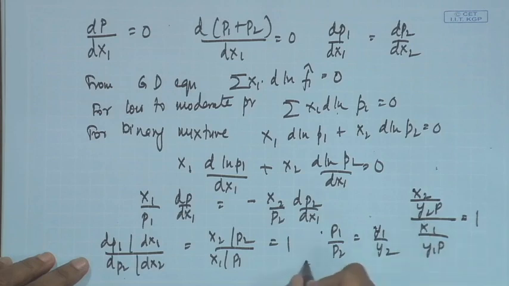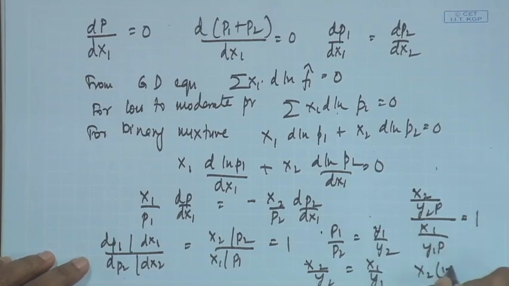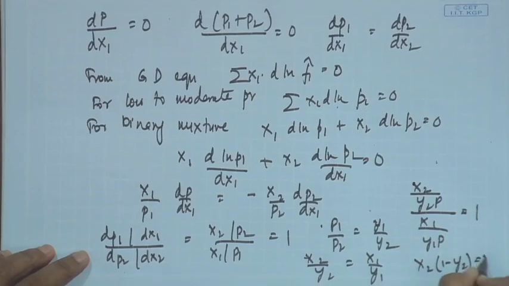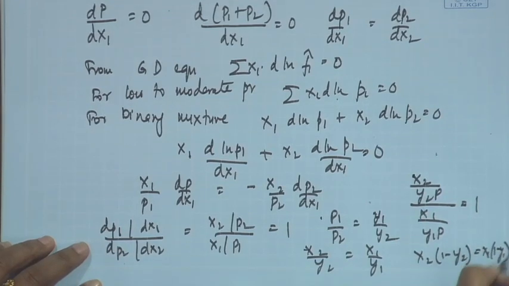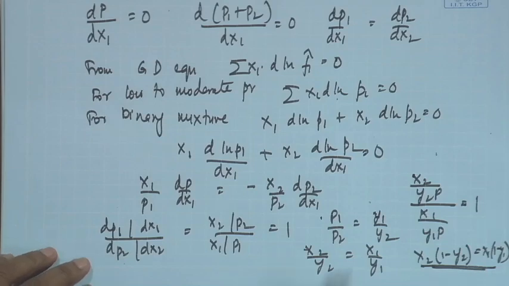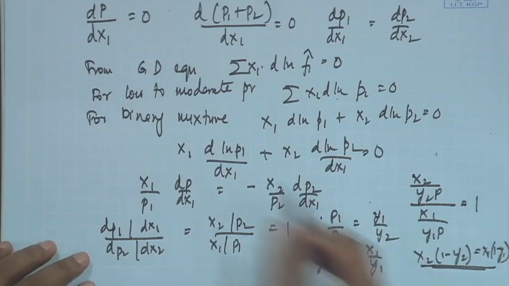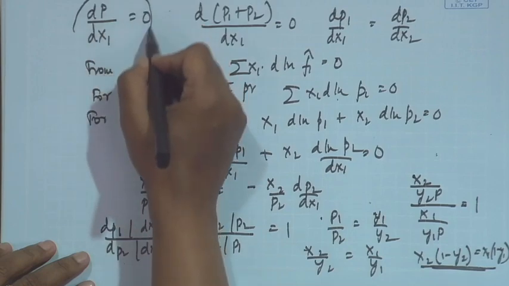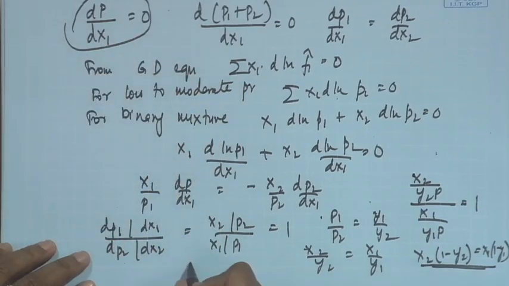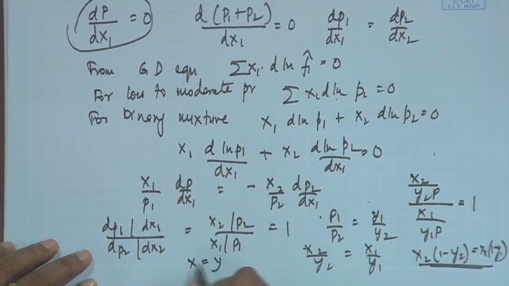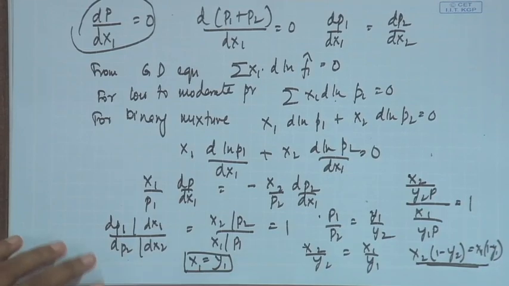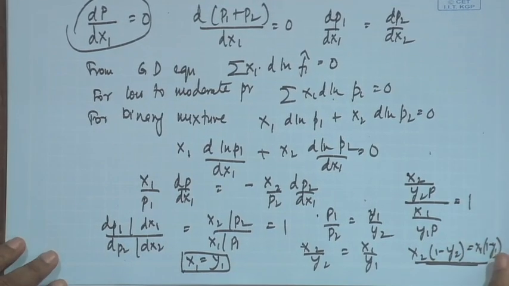From here we get x2/y2 equals x1/y1, or x2(1 minus y2) will be x1(1 minus y1), and from this equation what do we get? We get that at the point of azeotropy, where this particular equation is applicable, x equals y. In other words, x1 equals y1 or x2 equals y2.